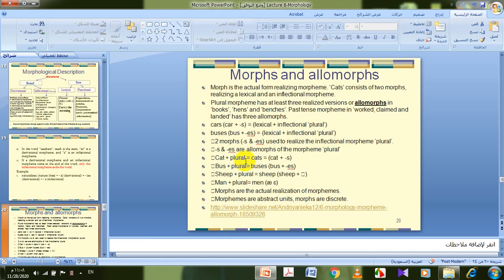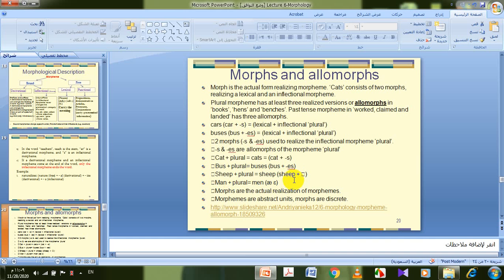Cat plus plural means cats. We have cats, cat plus s. Good. Bus plus plural means buses. Cat plus plural, cats. Bus plus plural, buses. We have bus plus es. Good. Sheep plus plural, sheep, the same, by the way.